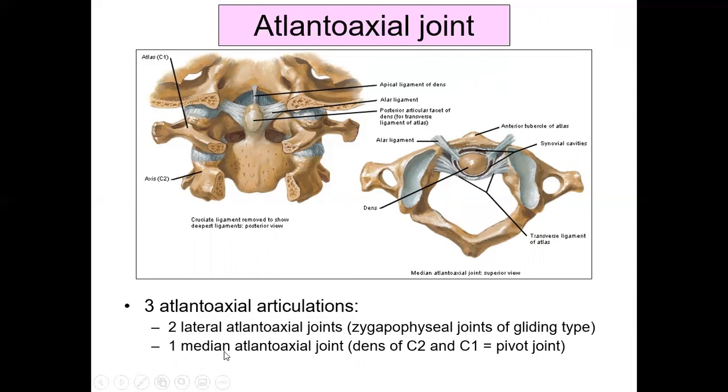But we have one median atlantoaxial joint between the dens of the C2 and C1. This is a pivot joint. So this is the dens of the C2.